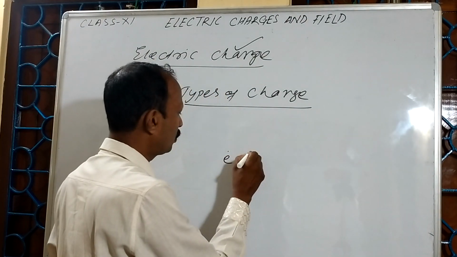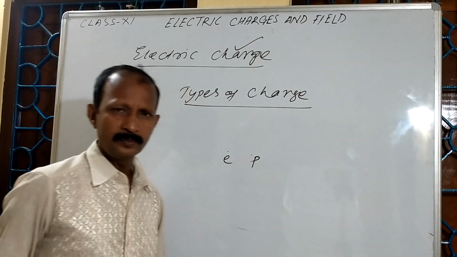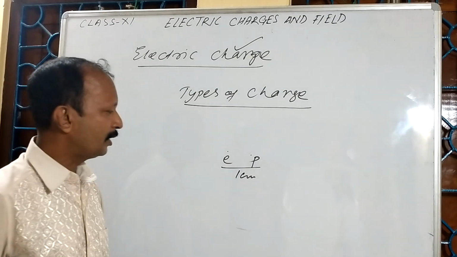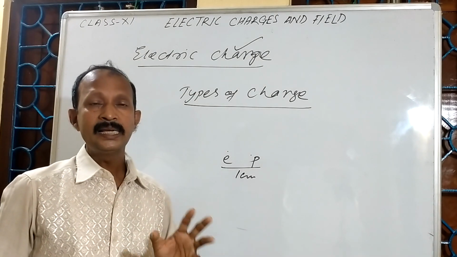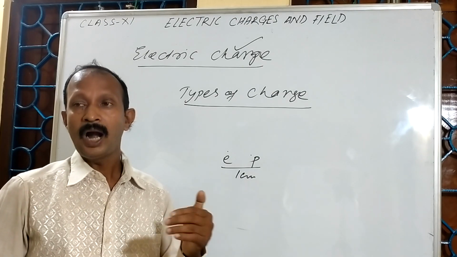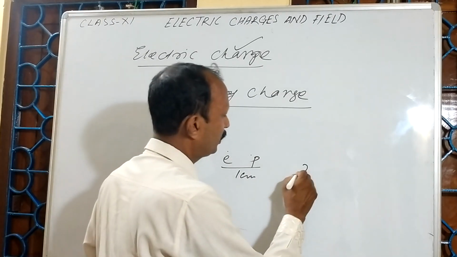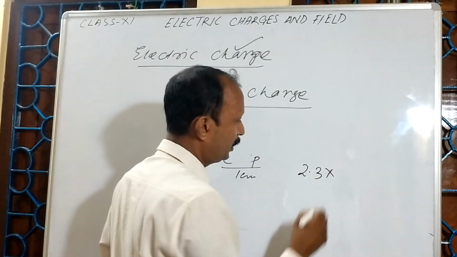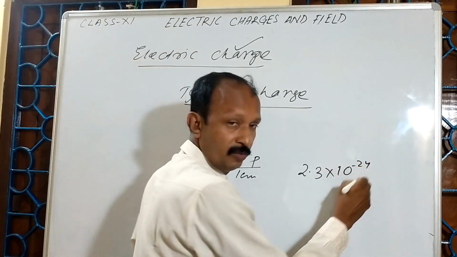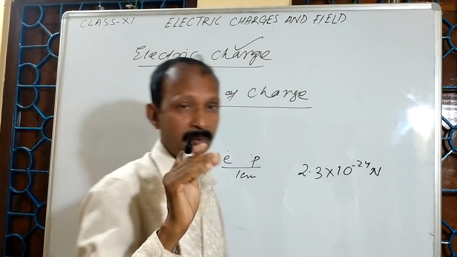Suppose this is an electron, this is a proton. The distance between them is 1 centimeter. In this case, there will be an attraction between the electron and proton. That attractive force is also 2.3 into 10 to the power minus 24 Newton.